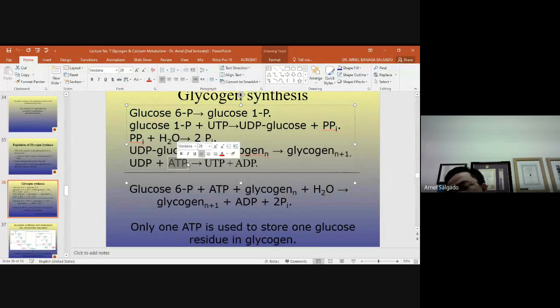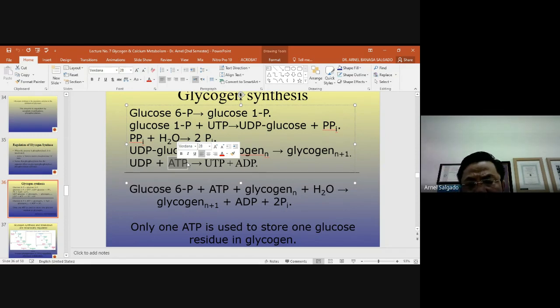Always take note that the reaction happens so quickly. Just that I'm showing you how it goes. Now looking forward, glucose 6-phosphate plus adenosine triphosphate plus glycogen plus water, the reaction will be the production of glycogen residue that will be deposited in the liver or in the muscle plus adenosine diphosphate plus 2 phosphate.